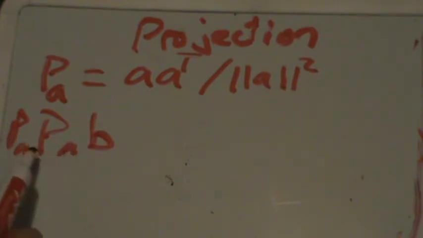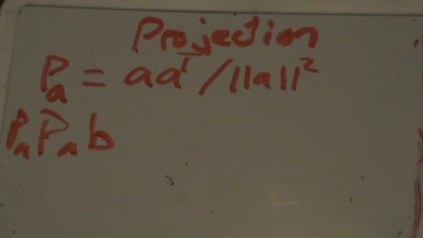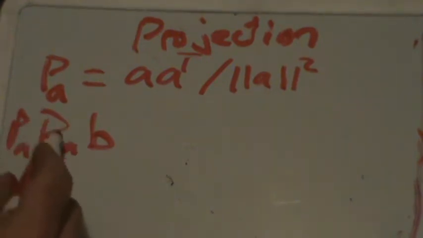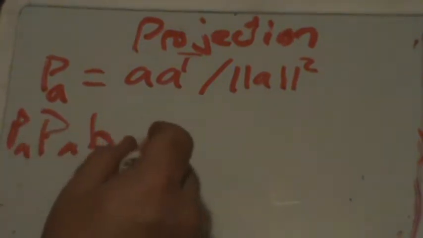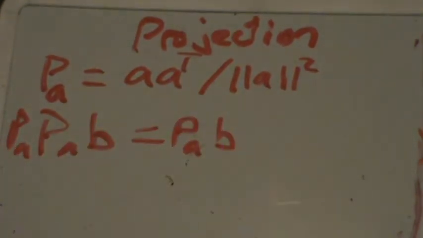But the projection, the shadow of the shadow, should stay in my whiteboard. We don't want it to flip out of the whiteboard. That would be horrible. So we need the projection of the projection of B had better be the projection of B.